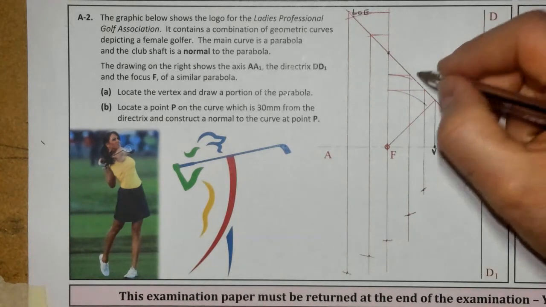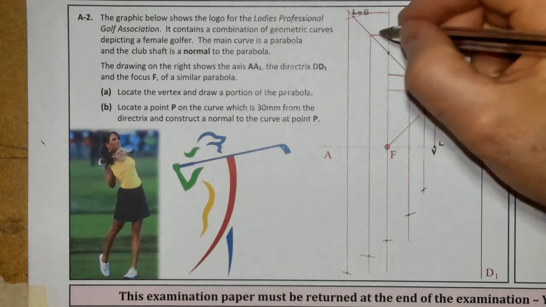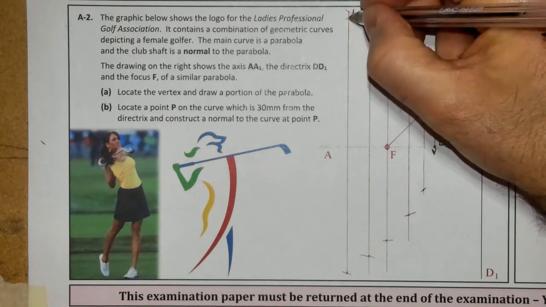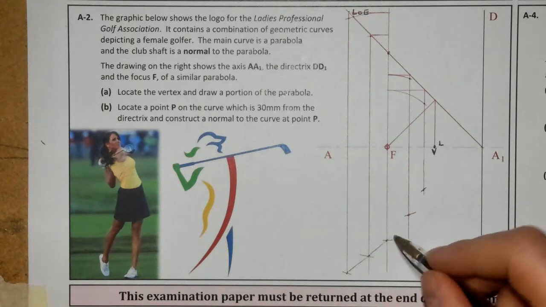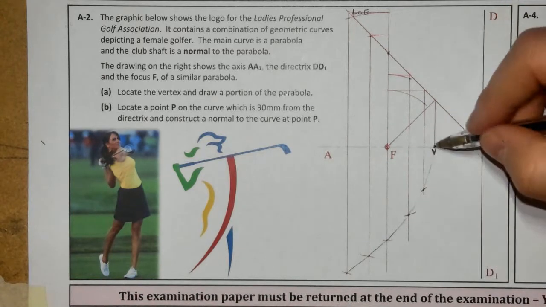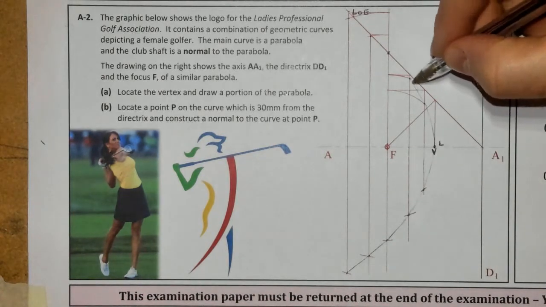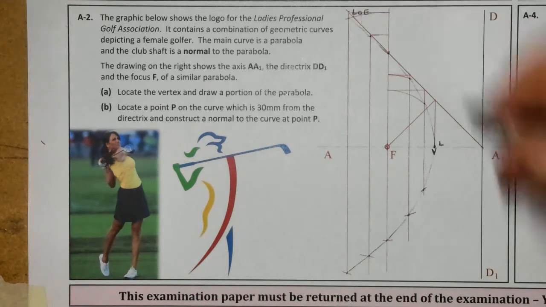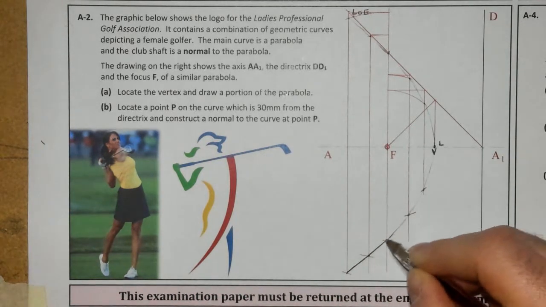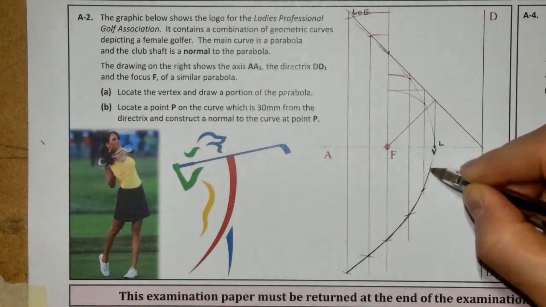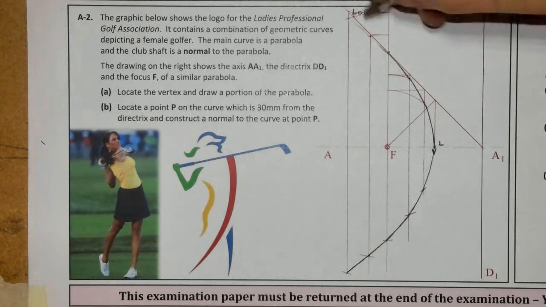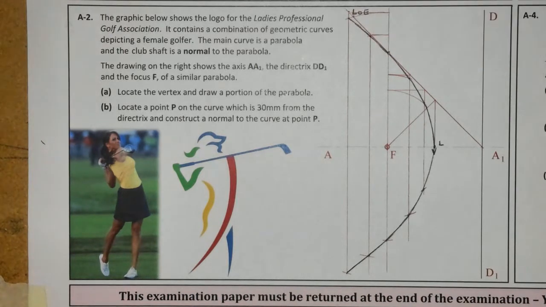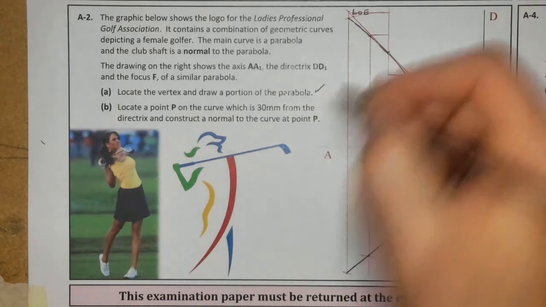I just think they come up better on the camera. Here as well, there's another one, another one, and another one. So quickly sketch that in. Okay, so there we have our parabolic curve. So that's part A done.